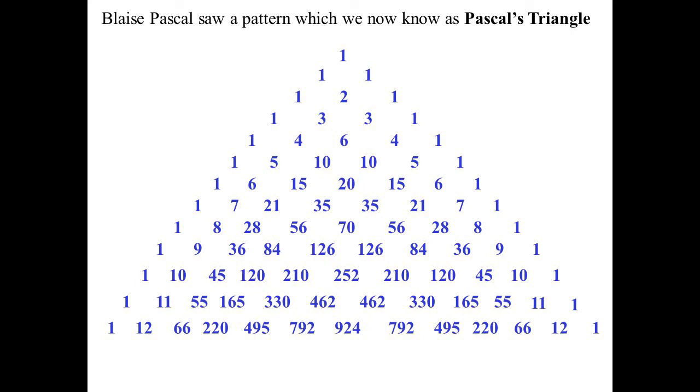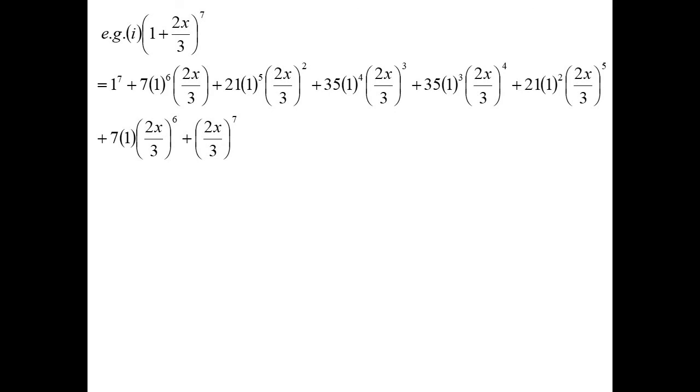But knowing this triangle can save us a lot of time when it comes to expanding out our binomials. So if I now have a question like this, (1 + 2x/3)^7, all I have to remember is the binomial coefficients. And if I don't remember them, I draw up the triangle. So we would end up with the coefficients 1, 7, 21, 35, 35, 21, 7, and 1.